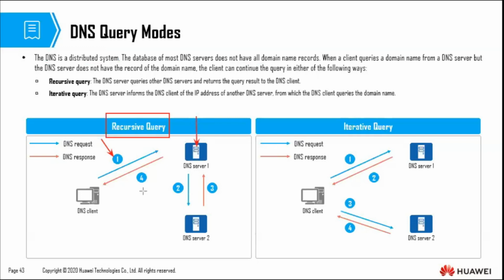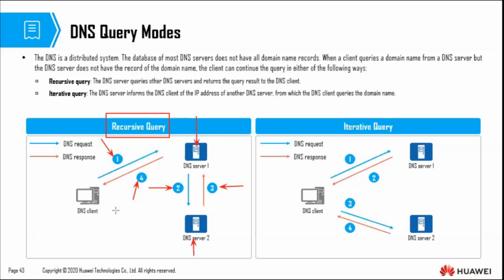So the MMU DNS server has been configured to send a request to the Google server for any domain name whose IP address it does not have. Then the Google server is going to reply, hey, you can find Huawei.com on 2.3.4.5. Then finally, the MMU DNS server is going to respond to the client and tell the client, hey, you can find Huawei.com on 2.3.4.5.